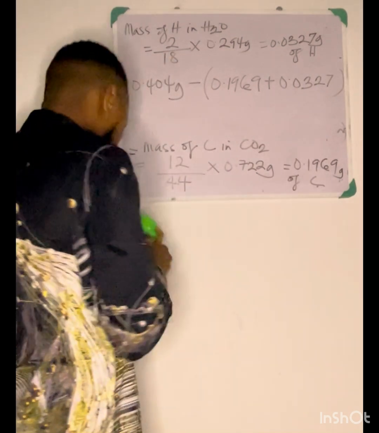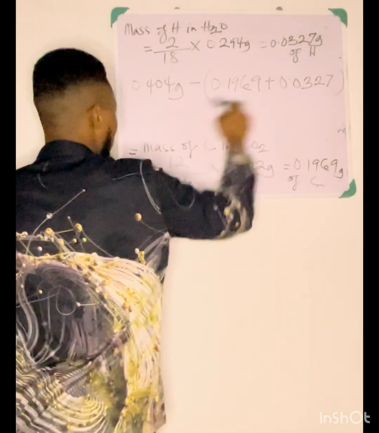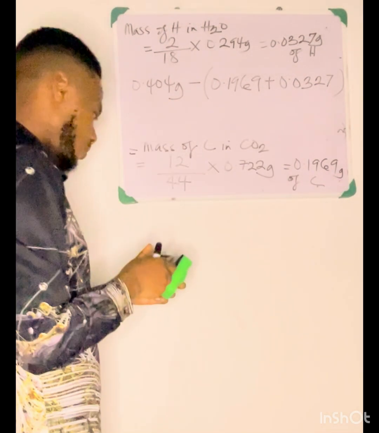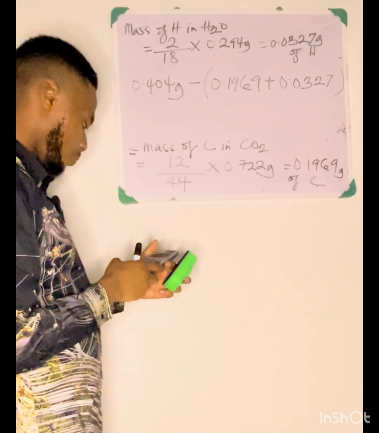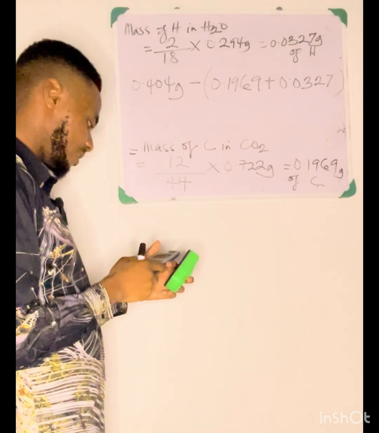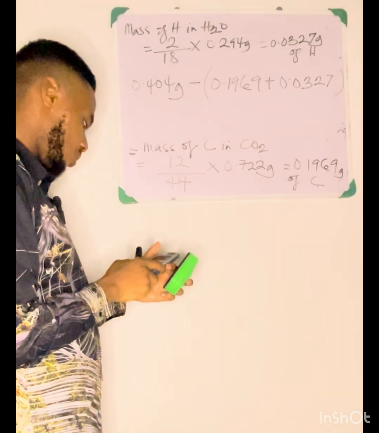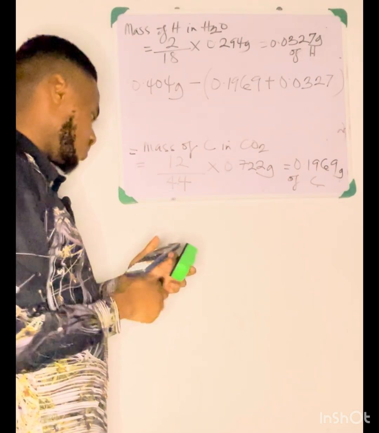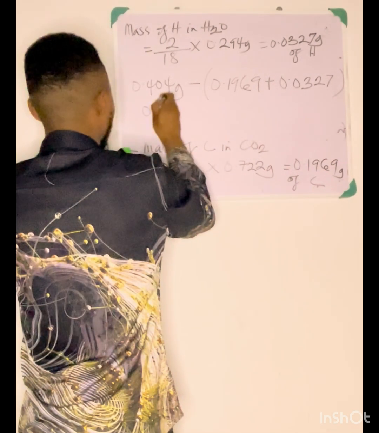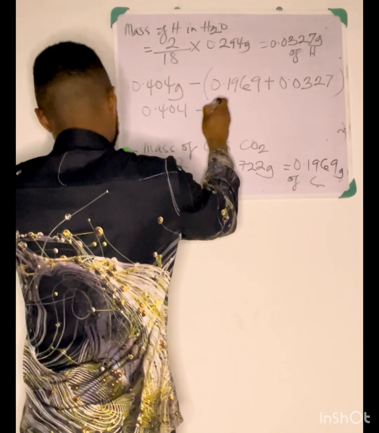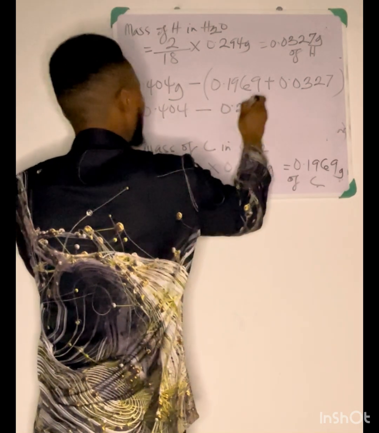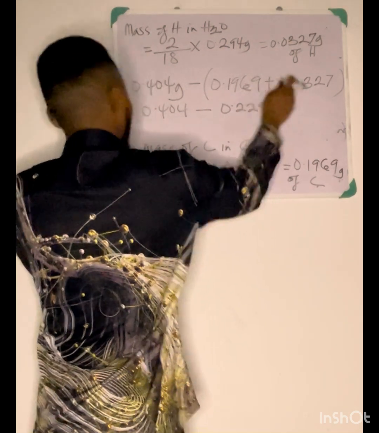So now what we have to do is add these two, then subtract the sum from this. So 0.1969 plus 0.0327 is 0.2296. So we say 0.404 minus 0.2296 after adding these two.